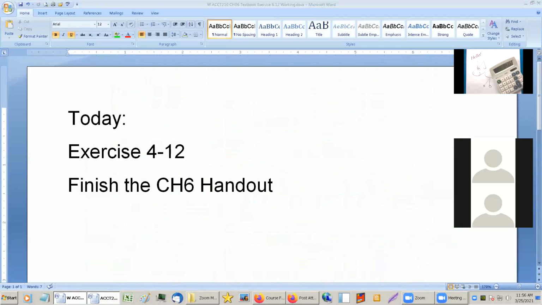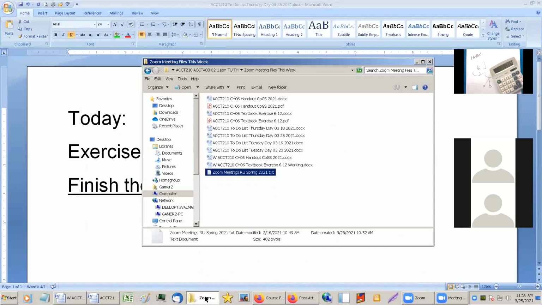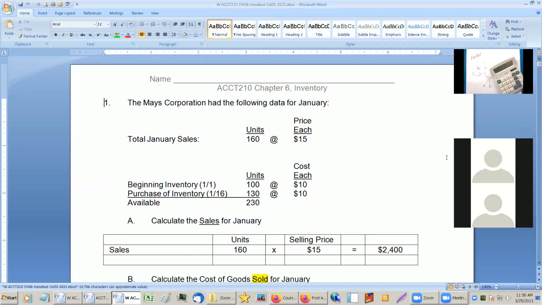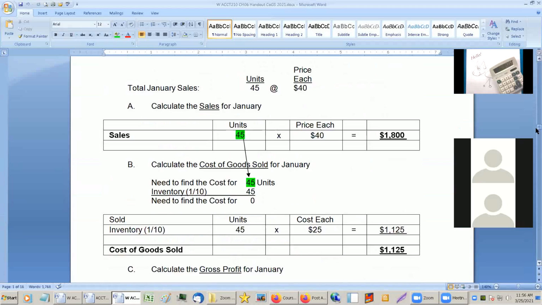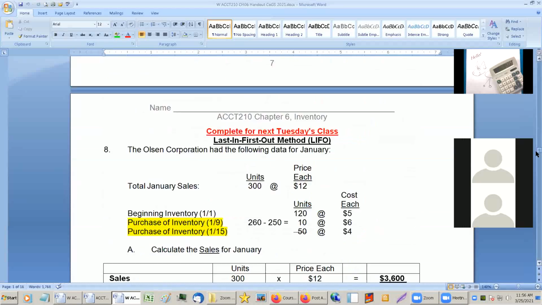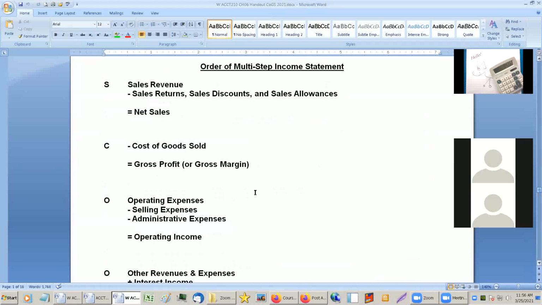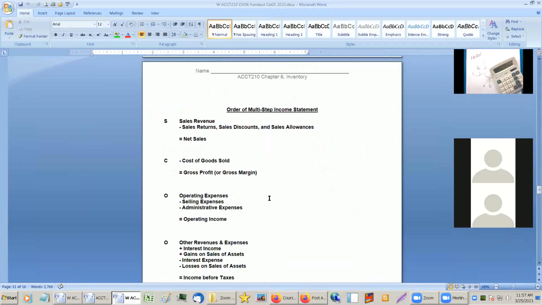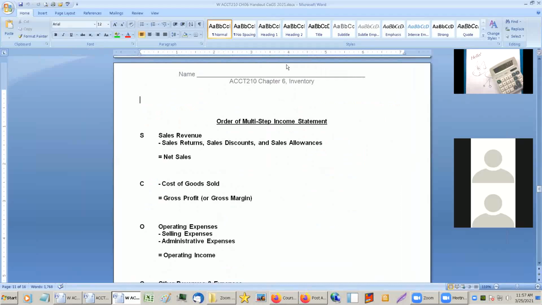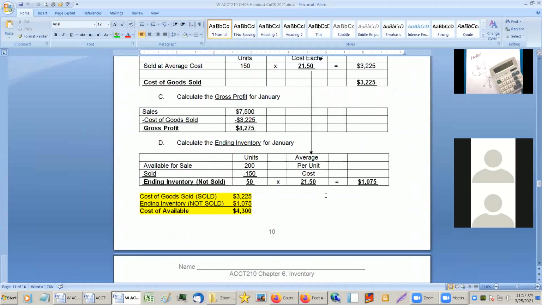Let's go to our handout. Not this one, the other, this thing. Okay, so chapter 6 handout.